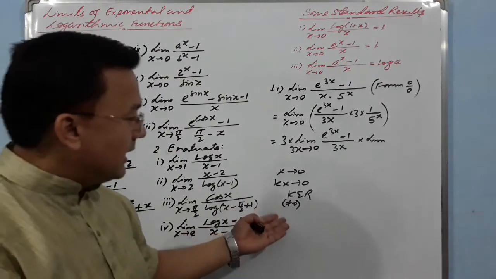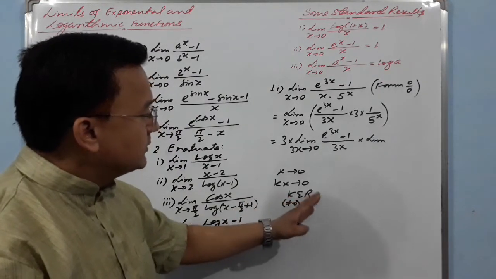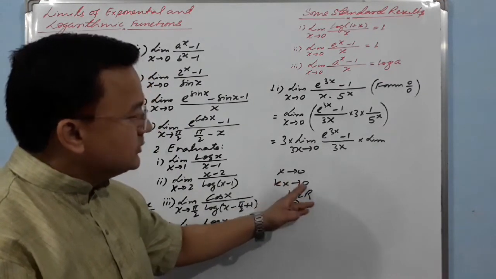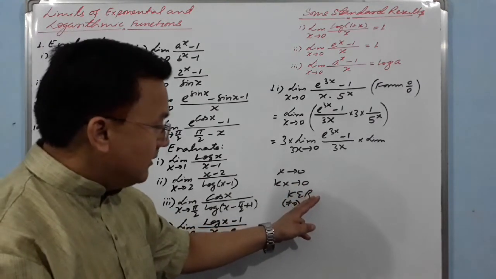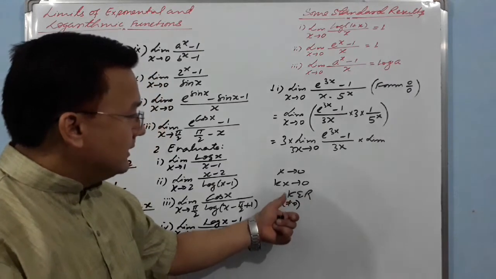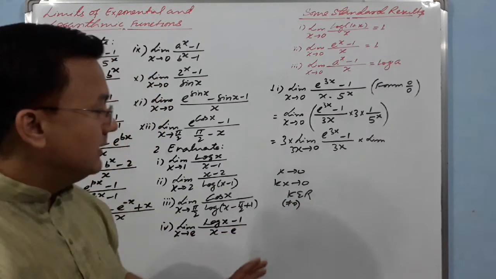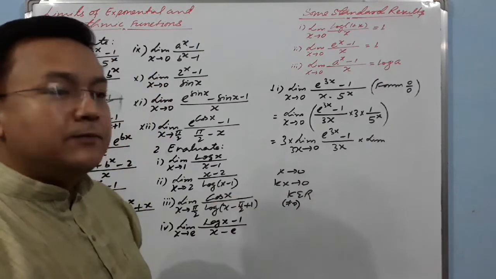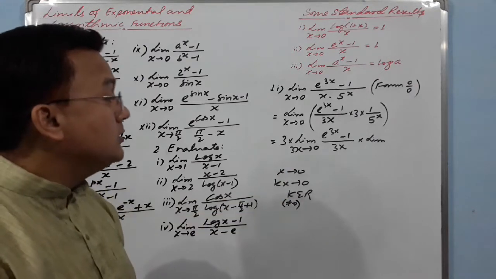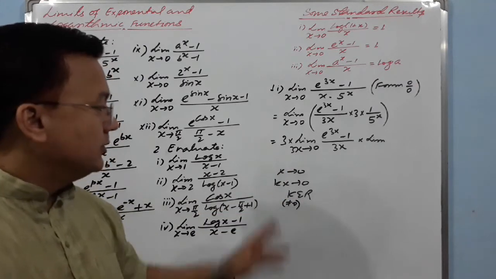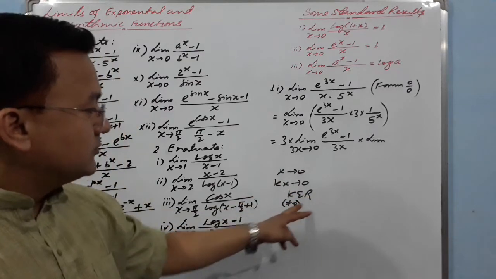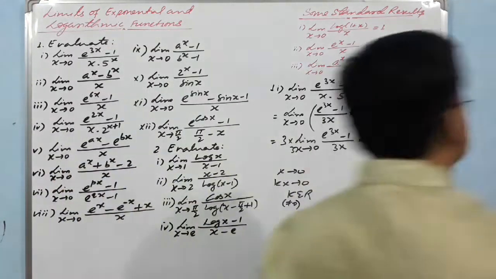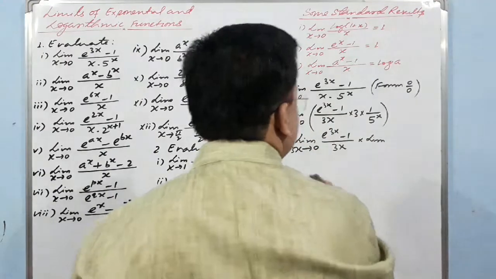Okay, so k is any real number, kx tends to 0 always, there is no doubt, if k belongs to the set of real numbers, k is not equal to 0, any non-zero real number. If you multiply x, you are going to get kx also tends to 0, k belongs to R, k is not equal to 0. So we can write down.